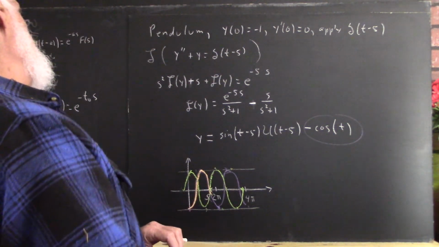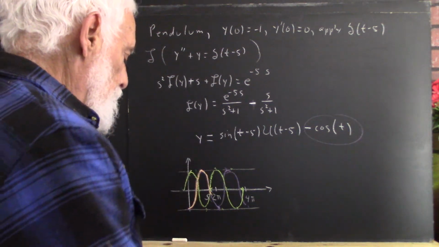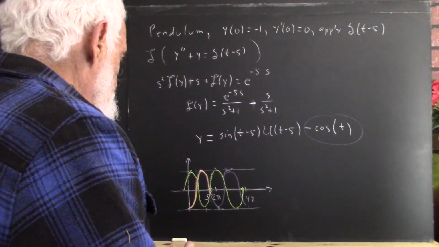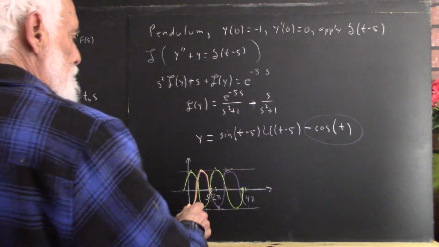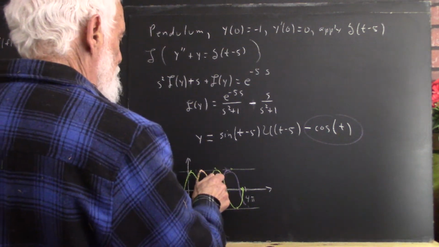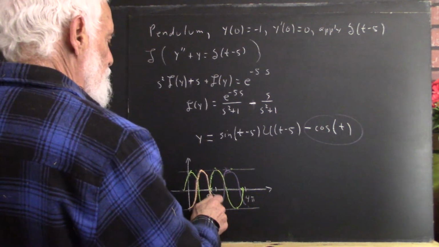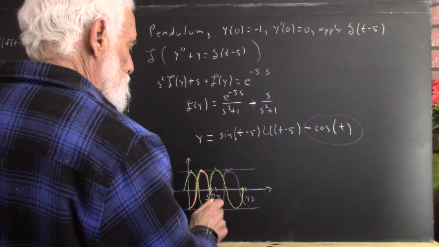Now, the phase of the cosine is a little ahead of the phase of the sine. So we're going to continue down, but not for long, because pretty soon the sine is going to be as big in the positive direction as the cosine is in the negative direction. So the thing is going to turn around here.